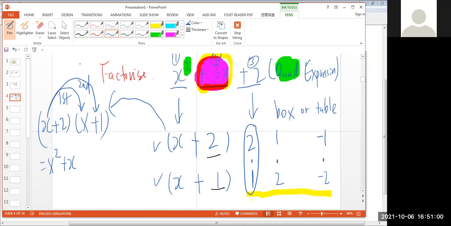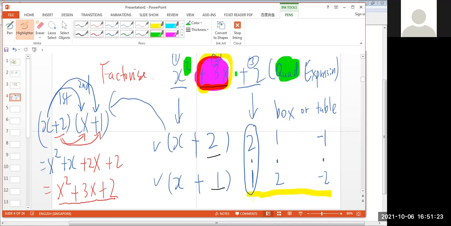Now of course I will do the plus 2. So this first arrow will give me plus 2x. And then the second arrow here will give me plus 2 times plus 1, which is plus 2. And then you will end up with x squared plus 3x plus 2. Okay, good. So I get my x squared plus 3x plus 2, which is what the question is here.